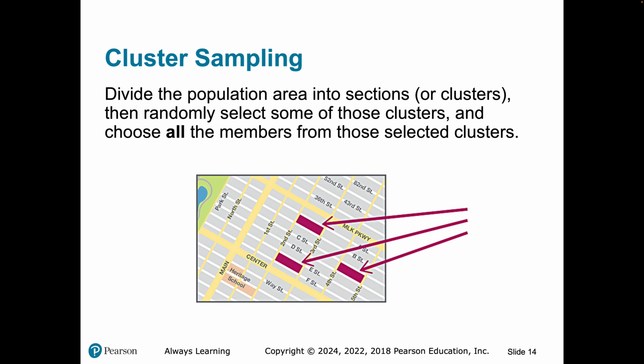Closely related to, but completely different, cluster sampling. Cluster sampling is where you divide your population into clusters. Again, I told you statisticians aren't that clever. Well, I don't know if we're clever or not, but we're not that creative.